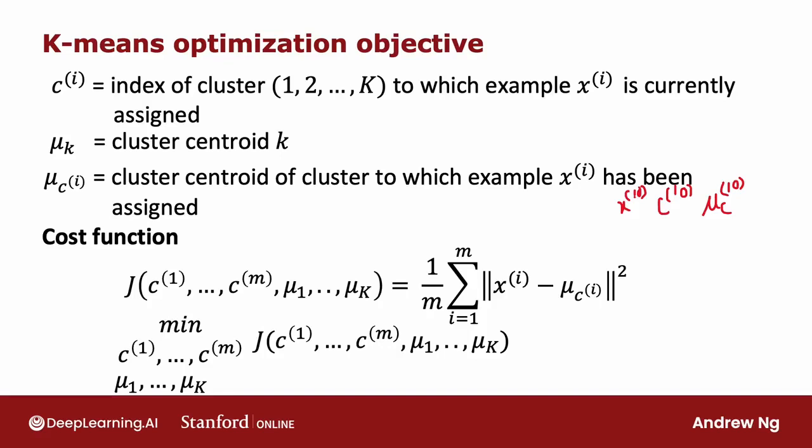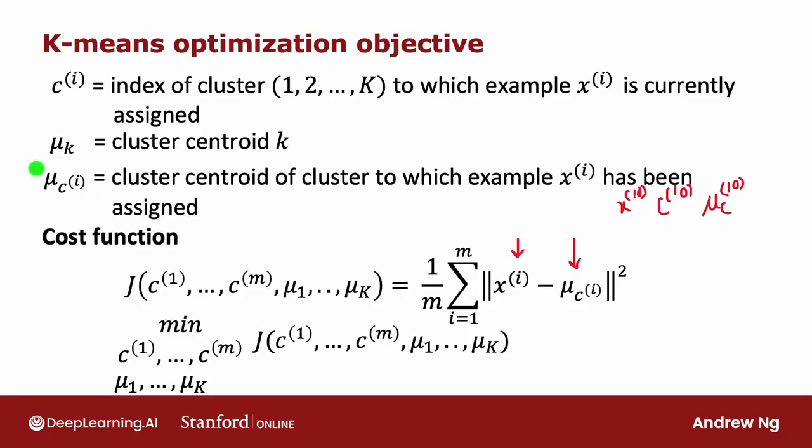It is the average, so 1 over m of the sum from i equals 1 to m of the squared distance between every training example xi, as i goes from 1 through m, and mu subscript ci.